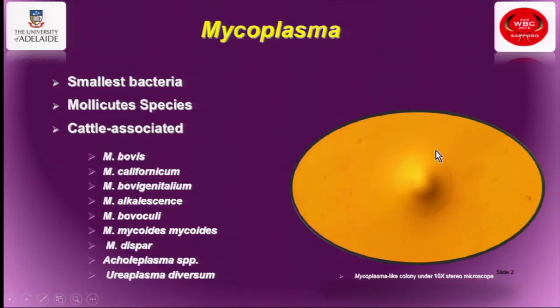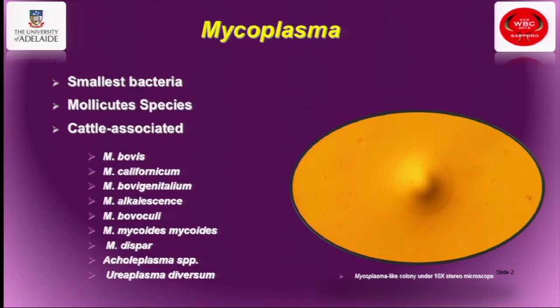To start with a brief introduction, Mycoplasma mastitis is increasingly generating considerable interest in the bovine dairy industry. Mycoplasmas are the smallest bacteria yet discovered, and they are related to the class Mollicutes. In this class, there are several genera that can be of significant importance in human and animal health, such as Mycoplasma, Ureaplasma, and Acholeplasma.